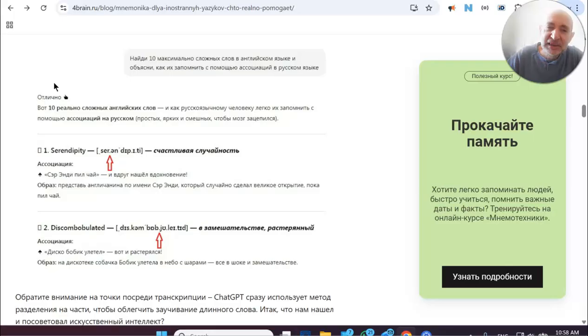Serendipity – счастливая случайность. Ассоциация. Сэр Энди пил чай и вдруг нашел вдохновение. Образ. Представь англичанина по имени сэр Энди, который случайно сделал великое открытие, пока пил чай.